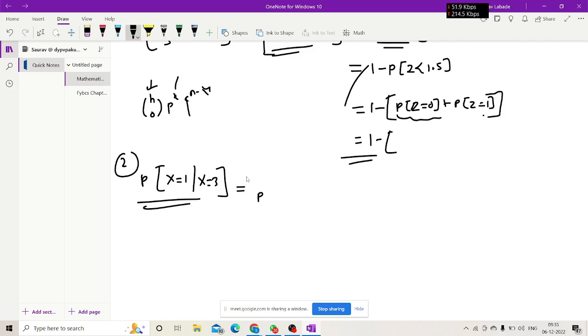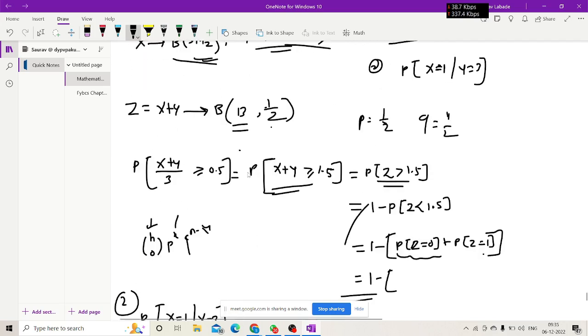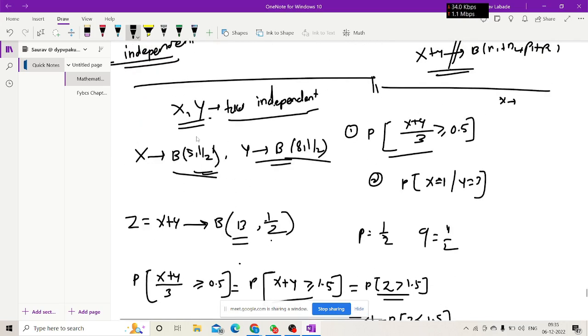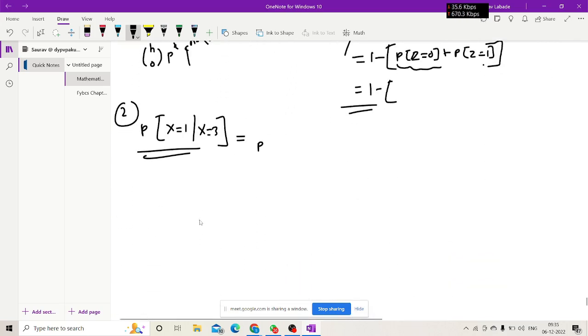But now in this example, they have given that x and y are independent variables. If A and B are independent events, then what is the probability of A intersection B?